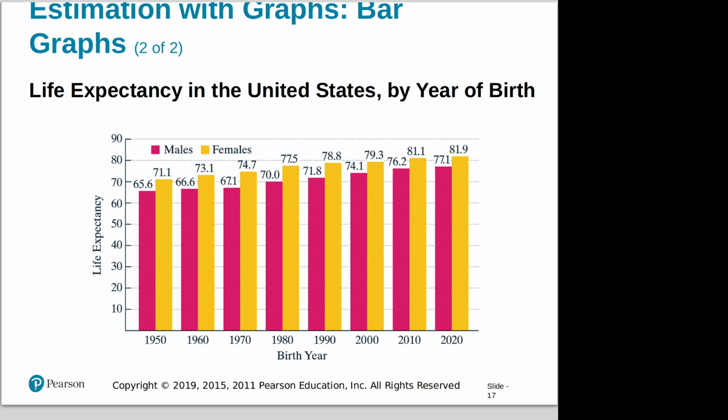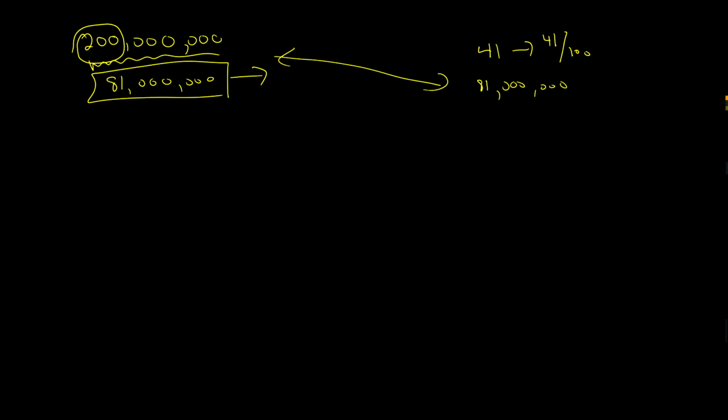So the life expectancy for men at the end is 77.1 years. And they started at 65.6. And so if we subtract these, we get an 11.5 year difference in life expectancy.